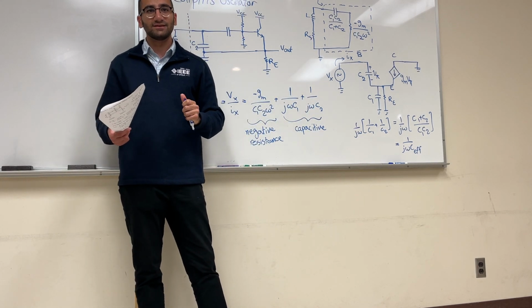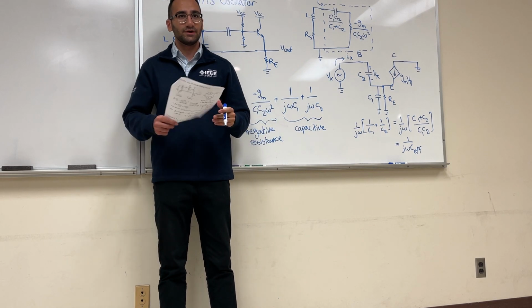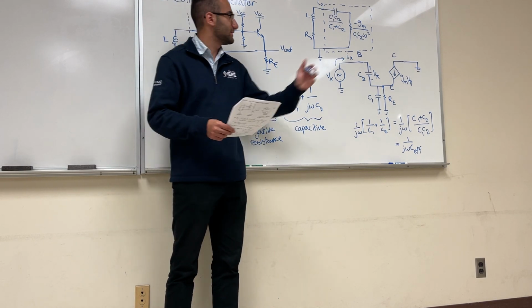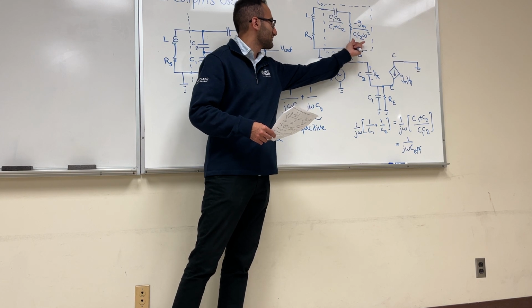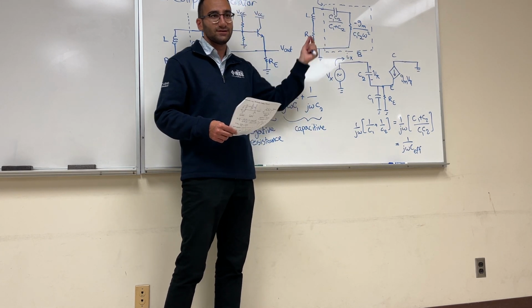And the reason for that is the GM value changes with temperature. So we want to make sure that if our temperature changes, this negative resistance is still more negative than what we need to negate this RS.